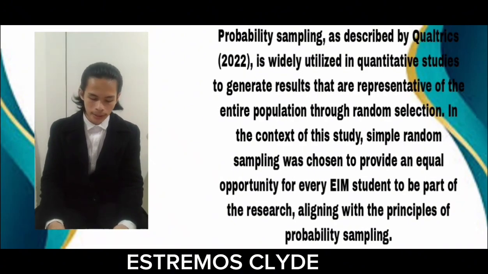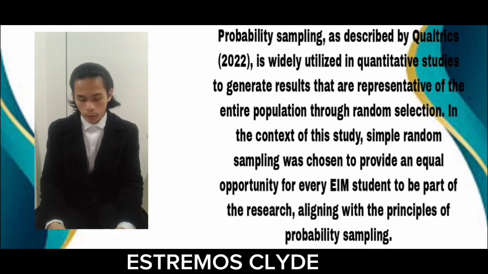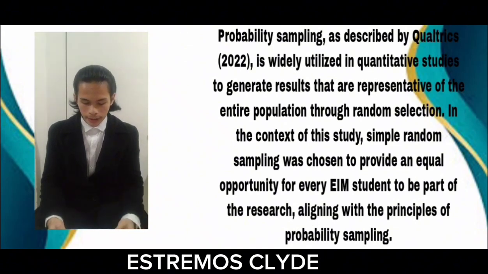Probability sampling, as described in Qualtrics, is widely utilized in quantitative studies to generate results that are representative of the entire population through random selection. In the context of the study, simple random sampling was chosen to provide an equal opportunity for every EIM student to be part of the research.